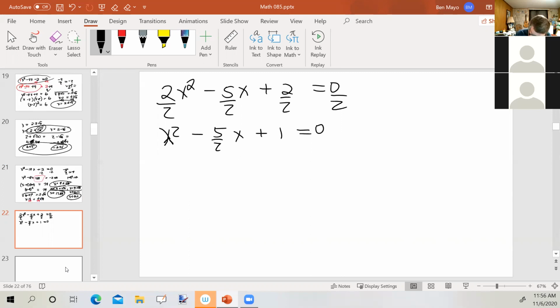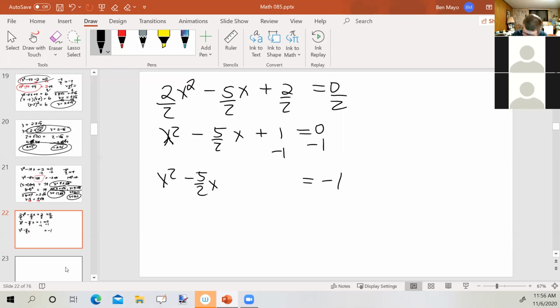So now I've got a leading coefficient of 1. My next step is going to be to move the constant over. Okay. So step number 1, make the leading coefficient a 1. So divide everybody by a, think in terms of ax squared plus bx plus c. Next move, second, move the constant over.